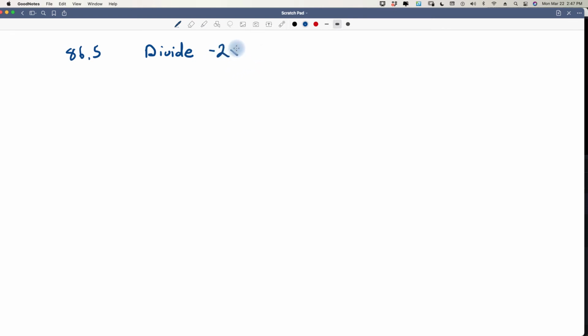All right, we're going to divide negative 2x plus 5 plus 3x cubed by negative 3 plus x. All right, first steps first. Rewrite it in the descending order of the variable.